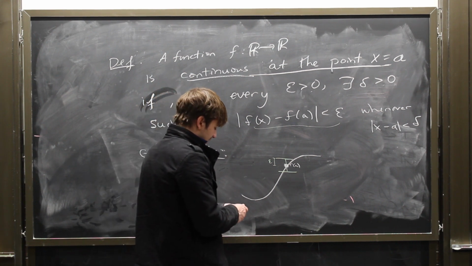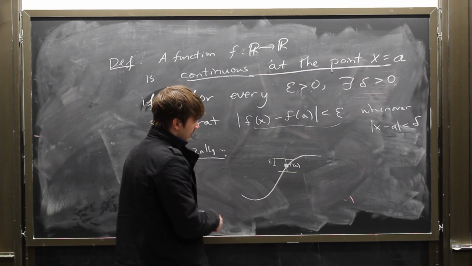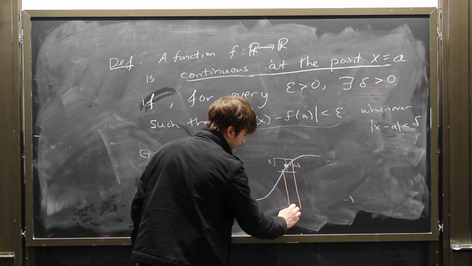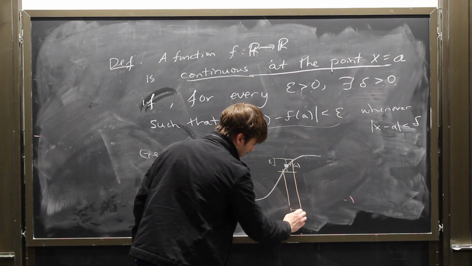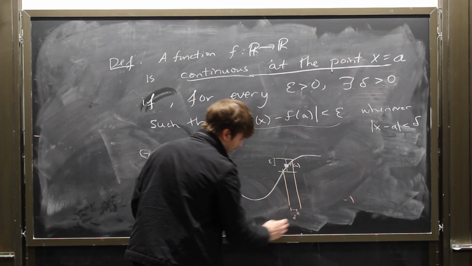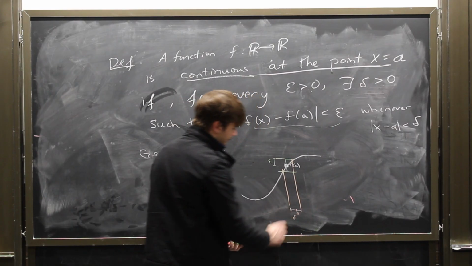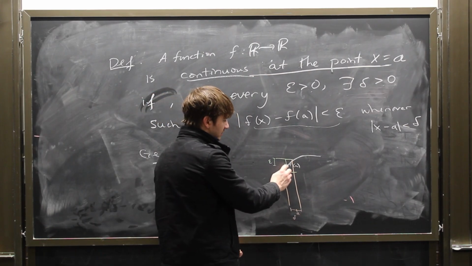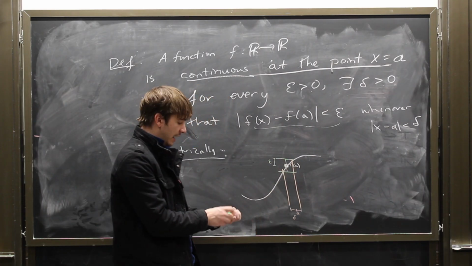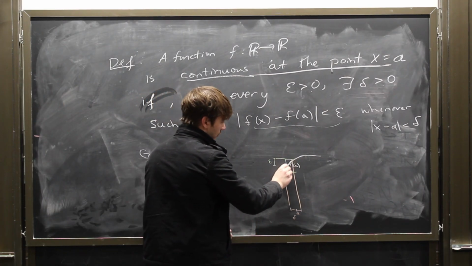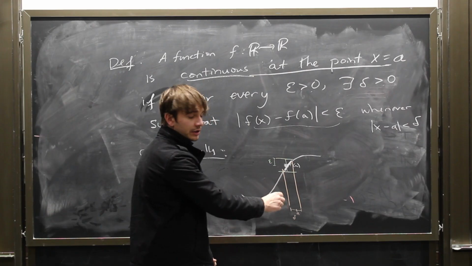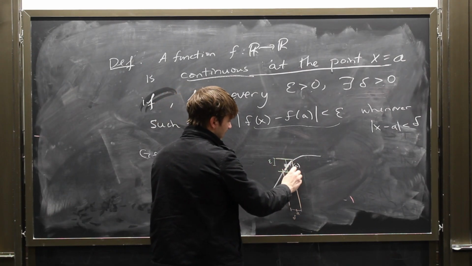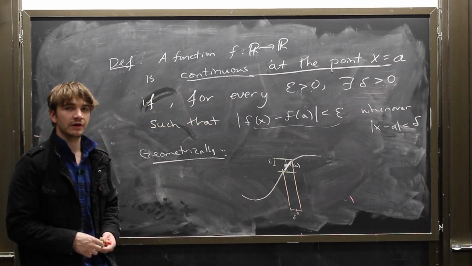And then the idea is that I should be able to find a neighborhood of a of radius delta, okay? So I find a delta neighborhood of a such that in this delta neighborhood, the values of the function are trapped within the epsilon neighborhood of the point f of a.